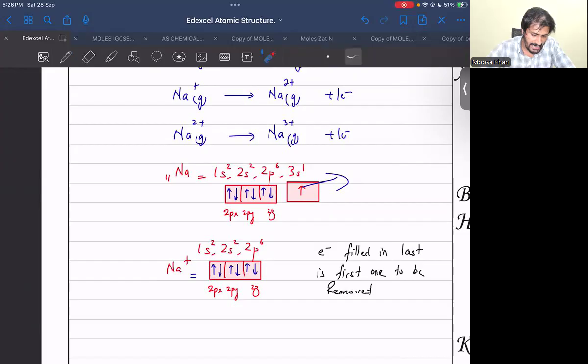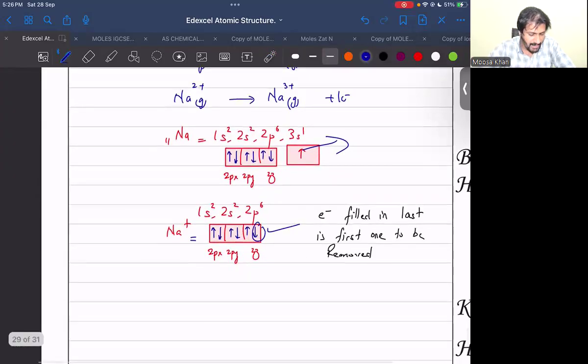And if you just start adding these electrons, 1, 2, 3, 4, 5, 6. So this is the electron which is filled last in the p subshell. So this electron of 2pz will be removed first. I mean, when you are trying to remove the second electron from the sodium ion, 2pz's electron will be removed first. And after that, let's say you have formed Na2+ gaseous ion, which electron is now going to be removed?